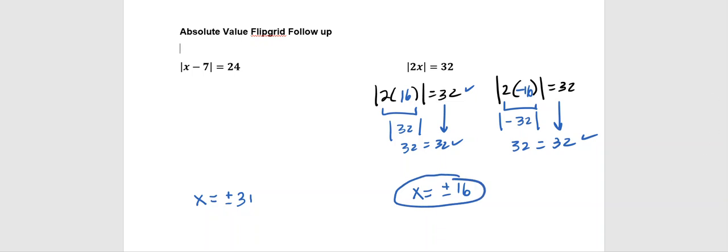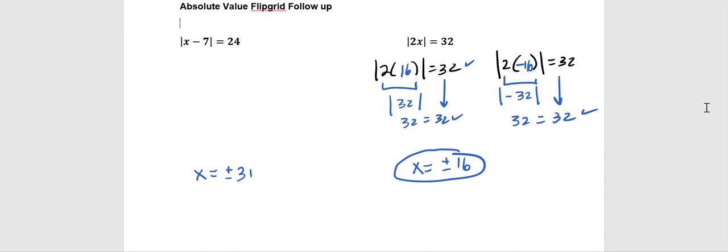So let's move on to the other equation, because the other equation we also want to check. And this is a step that it's so easy for us to ignore, but we don't want to ignore it. So let's start with absolute value. I know I'm going to have some x value, minus 7 should be equal to 24.